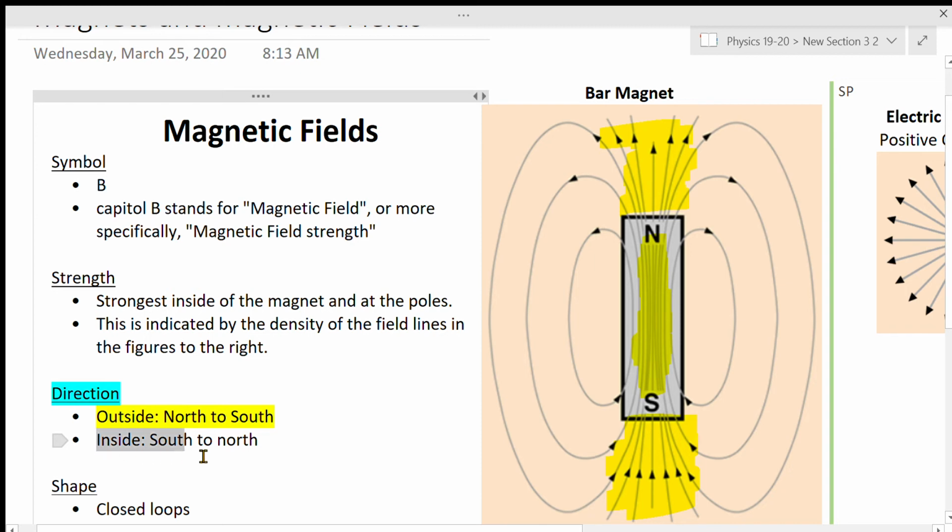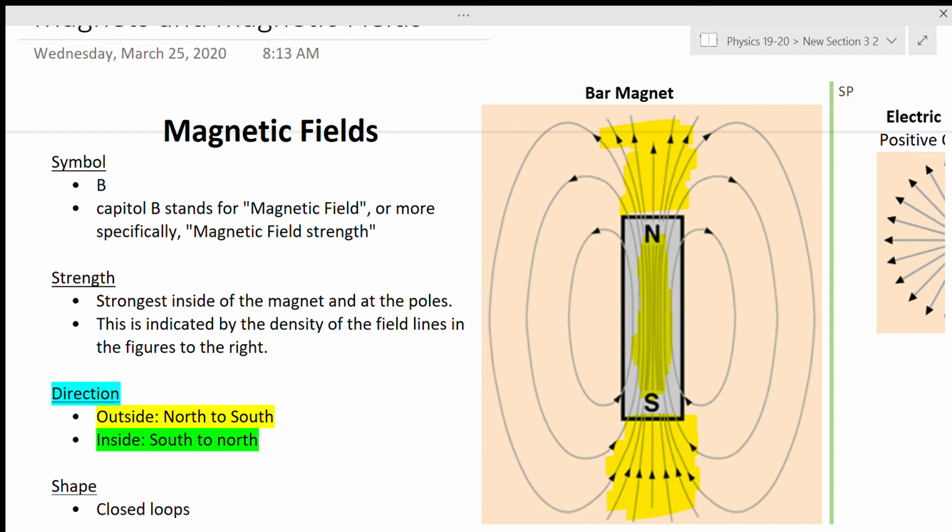But inside of a magnet, the direction is different. It continues through the South Pole and goes right back to the North Pole. What we get here are what we call closed loops, and this is actually something that's unique to the magnetic field.